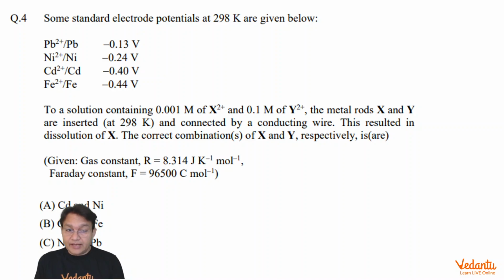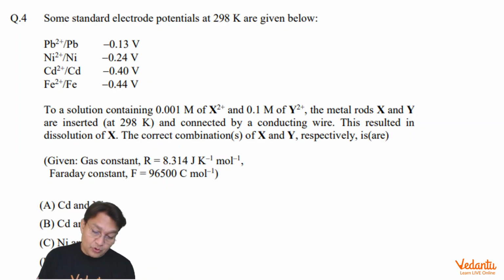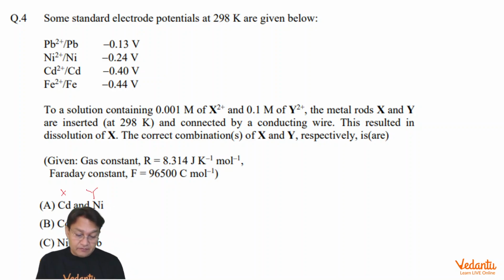Let's check it out for cadmium. If cadmium is written first, that means it is acting like X, and so it needs to be dissolved. So let's call this X, and this Y. So E naught of cell must be equal to E naught of nickel minus E naught of cadmium.